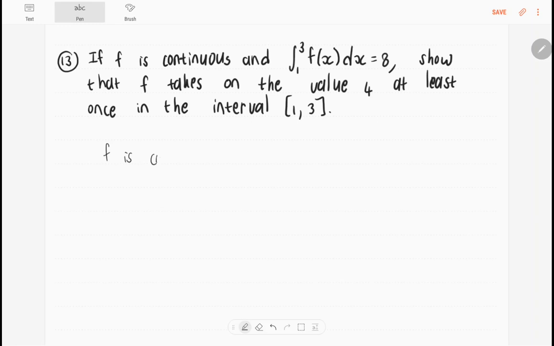F is continuous on the interval from 1 to 3.